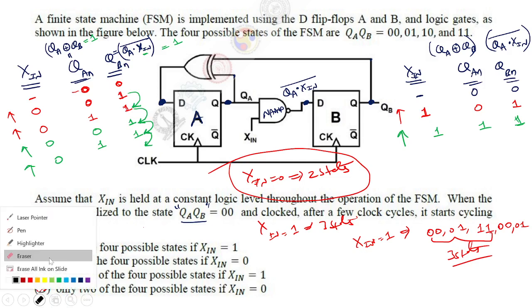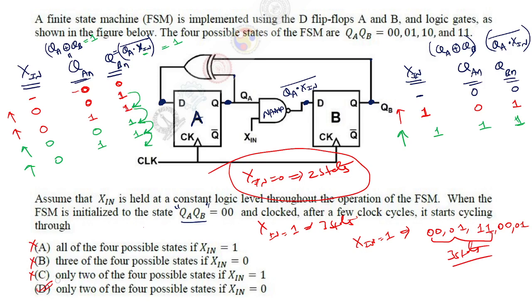Next. Now you tell me, Bunty, what is this value now for the next phase? QA XOR of QB is 0, Bunty. 1 XOR of 1 is what? That's what I'm saying, 0 only.